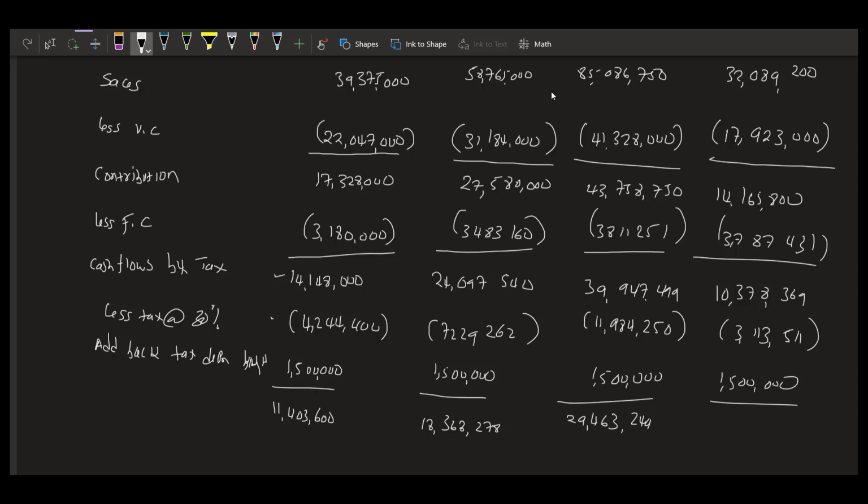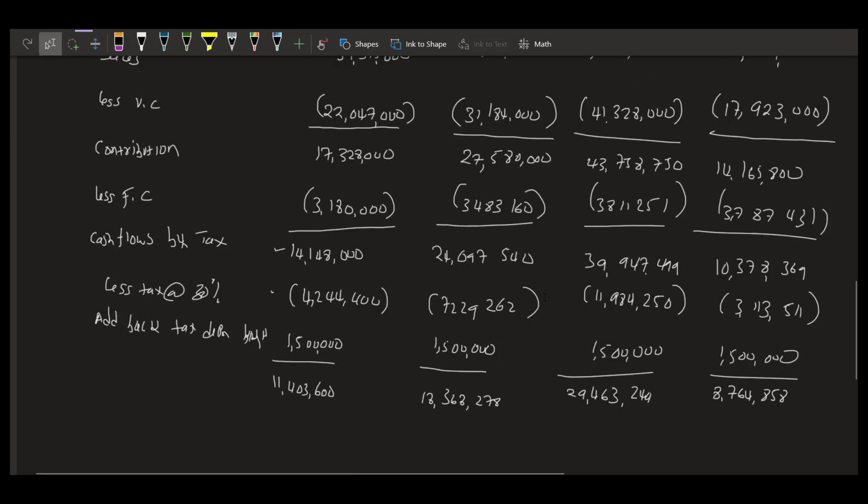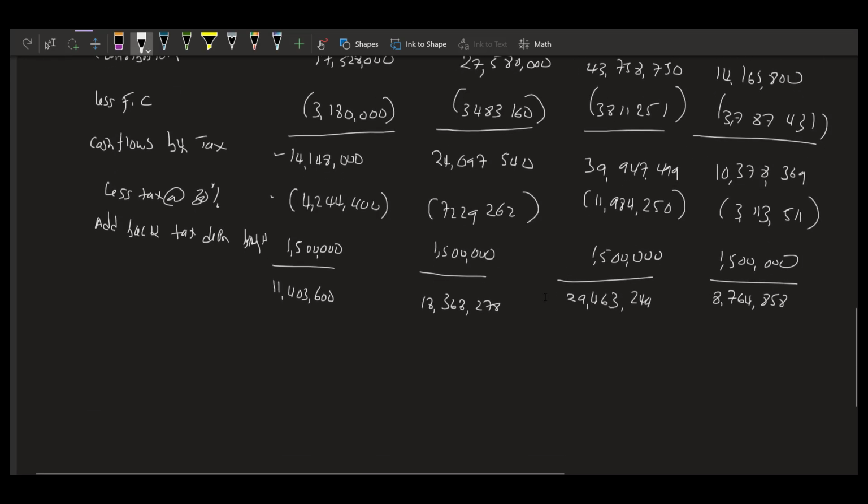Lastly, we do that for year 4. It's giving us 8,764,858. And that's it. So that is our after-tax cash flows.